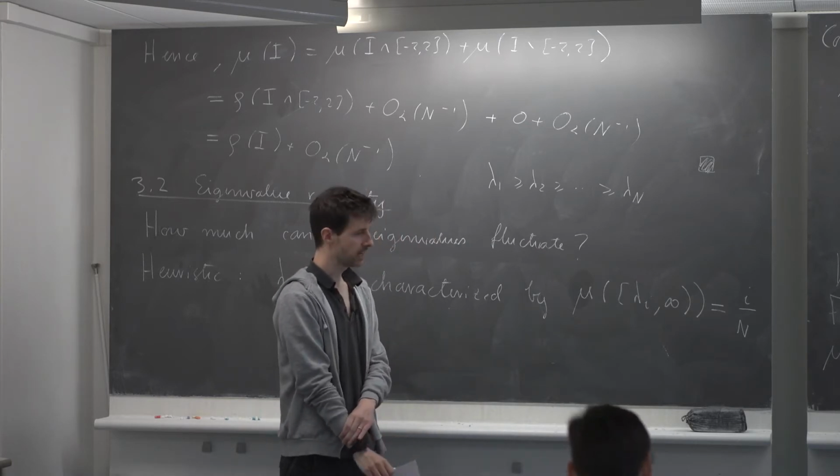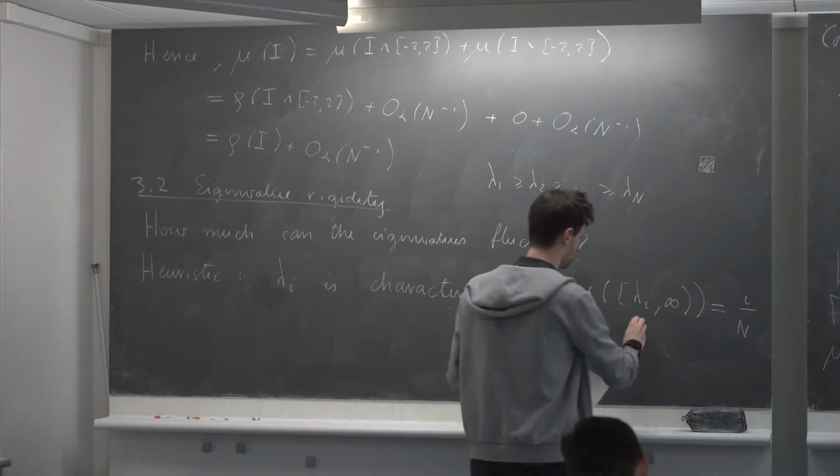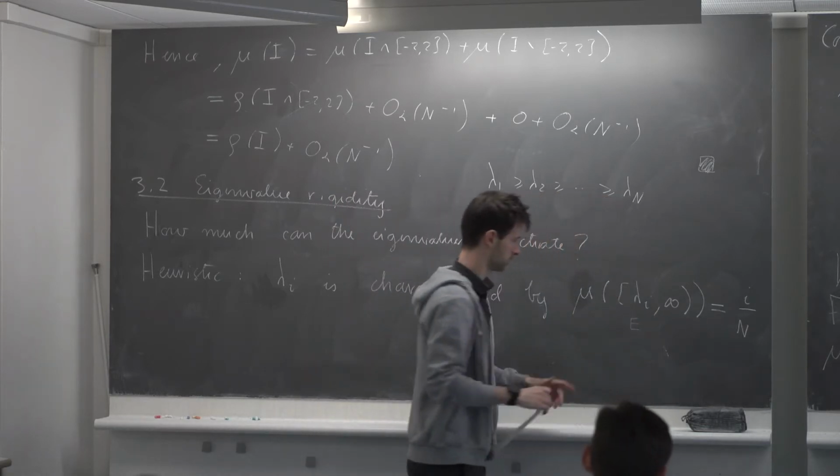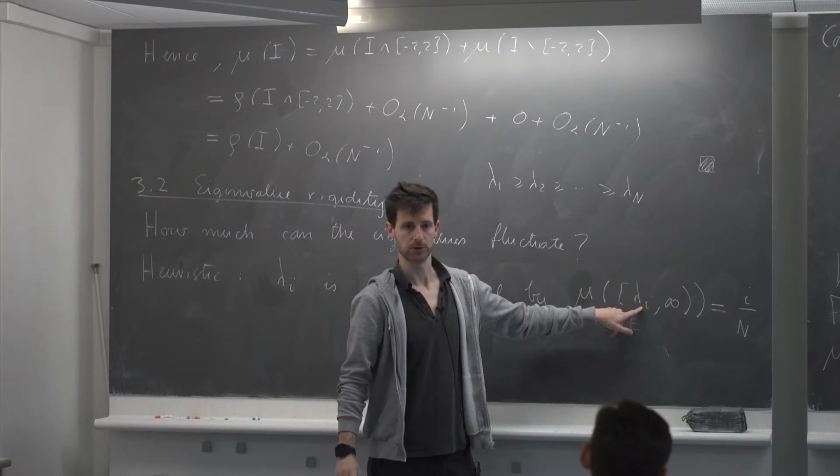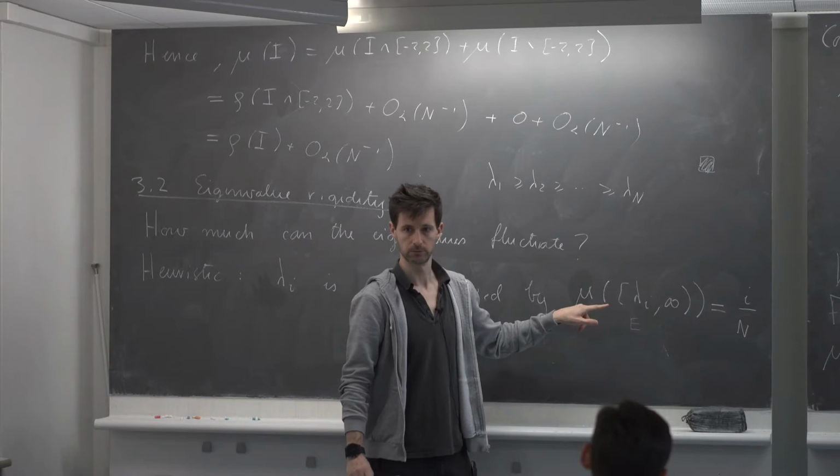This is true for any point. I could put any point E here, which is smaller than or equal to lambda I and strictly bigger than lambda I plus 1. Right? And this would remain true.